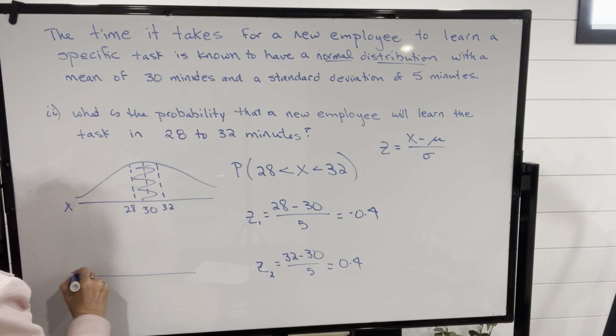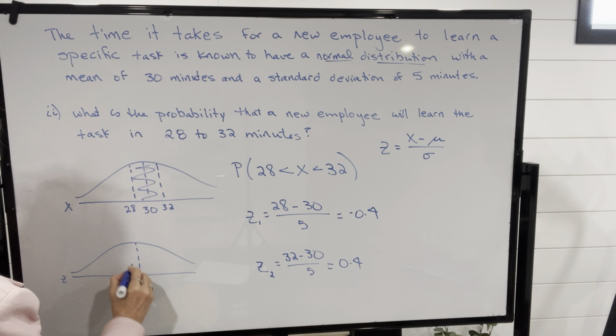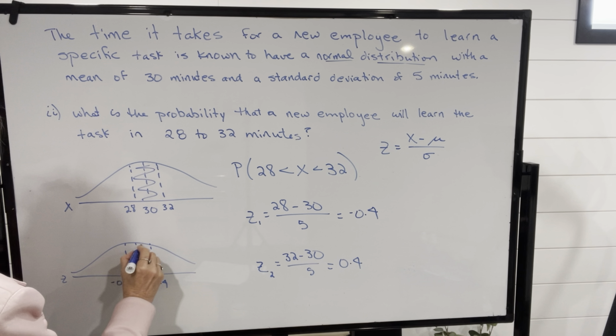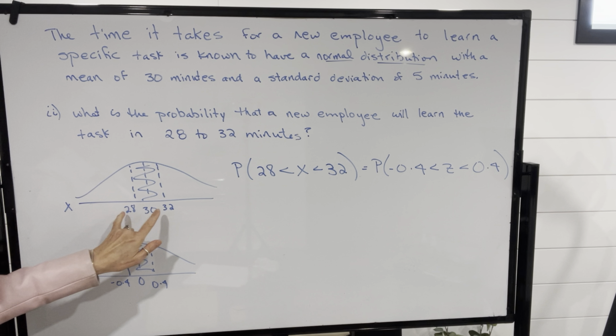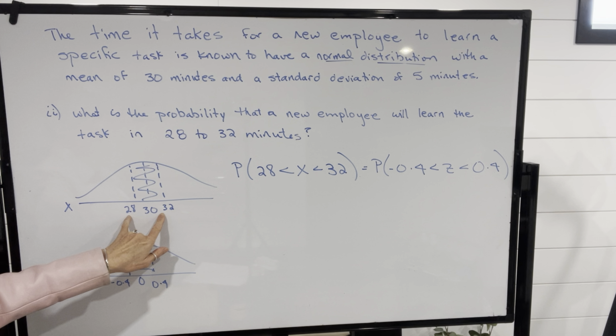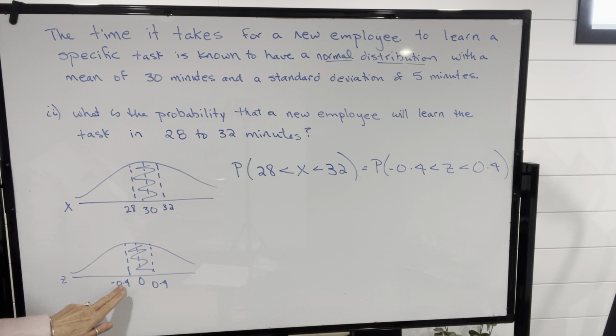So in terms of our standard normal distribution, we're finding the area between negative 0.4 and positive 0.4. Therefore, the probability that x is between 28 and 32 is going to be exactly the same as the probability of z being between negative 0.4 and positive 0.4.